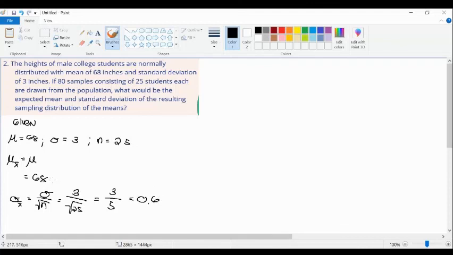Therefore, the mean of the sampling distribution is 68, while the standard deviation of your sampling distribution is 0.6. Okay, let's proceed to the last lesson for this chapter.